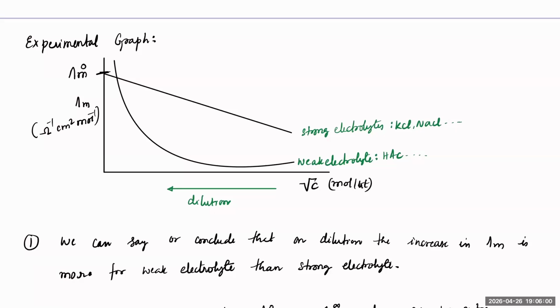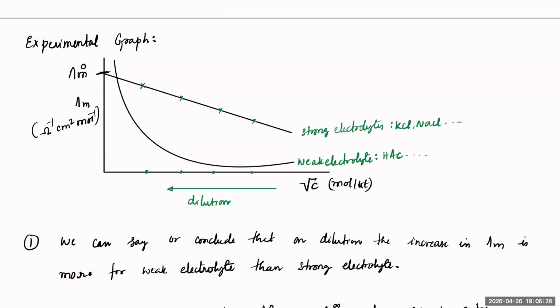So, in case you try to check what happens to the molar conductance for weak electrolytes and strong electrolytes, experimentally, it has been observed that for strong electrolytes at different concentration values, we've been able to figure out different lambda m values.